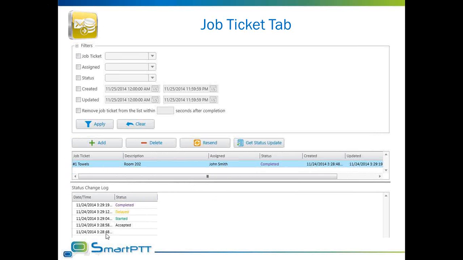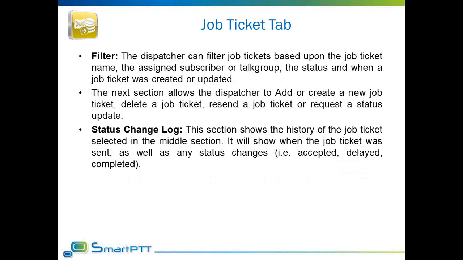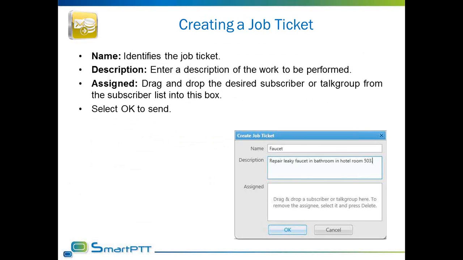You can see at the very bottom when it was sent, then it was accepted by the subscriber at 3:28, it was started at 3:29, at 3:29 it was delayed, and then it was finally completed. All of this is stored in the job ticket as well as the event log. So this is all the information that I've just gone over.